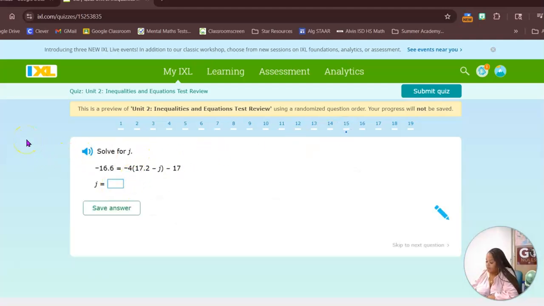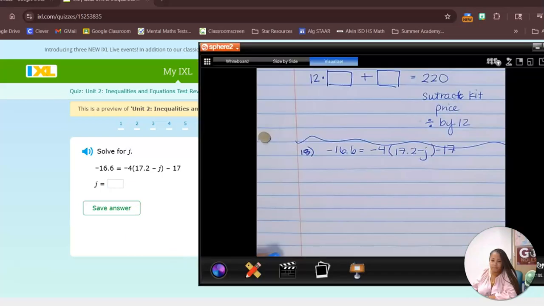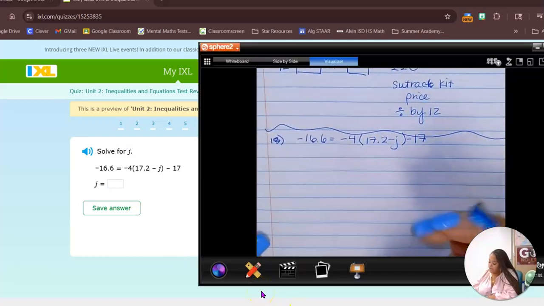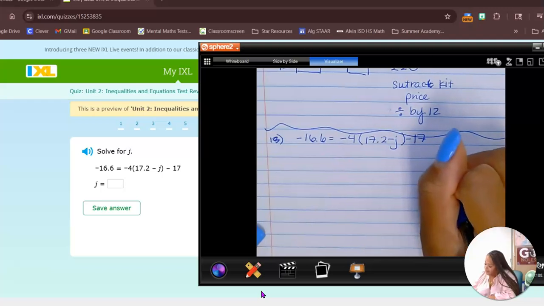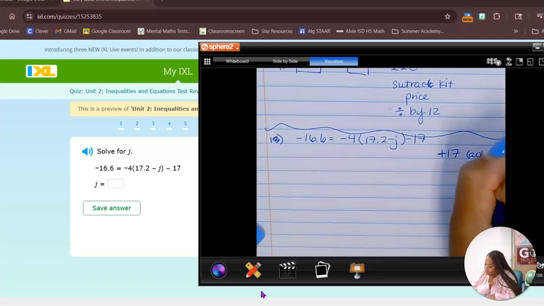Ooh, this is a good one. Okay, -16 and 6/10 equals -4 times 17.2 minus j minus 17. All right, so it looks like we need to add 17 to both sides. So plus 17.